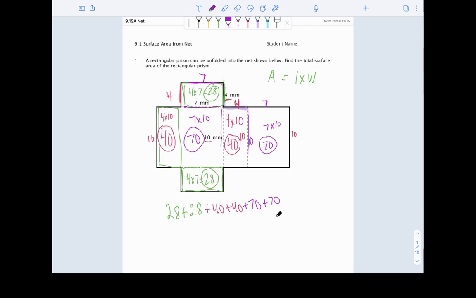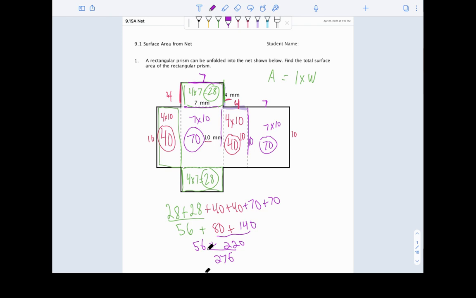However you want to add that up, 28 and 28 is 56, plus 40 and 40 is 80, plus 70 and 70 is 140. These guys are going to be 220 plus 56, and that's going to be 276.